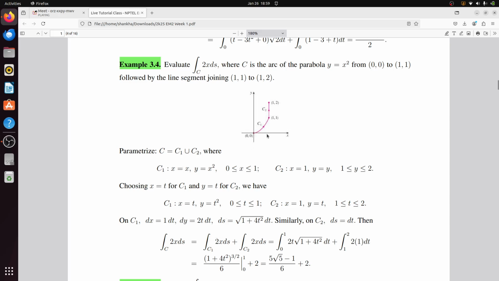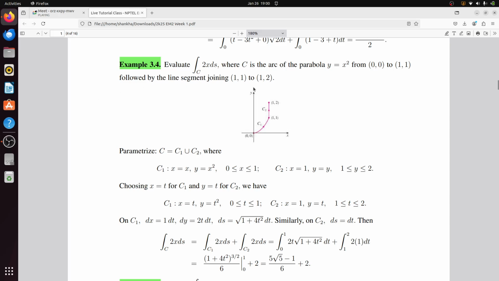Just observe here. The points are (0,0) to (1,1), but you are moving along y equal to x square, a parabolic way, and then you are joining a line segment from (1,1) to (1,2). So what will be your C1? C1 will be x equal to t and y equal to t square, because your y is x square and t is varying from 0 to 1.